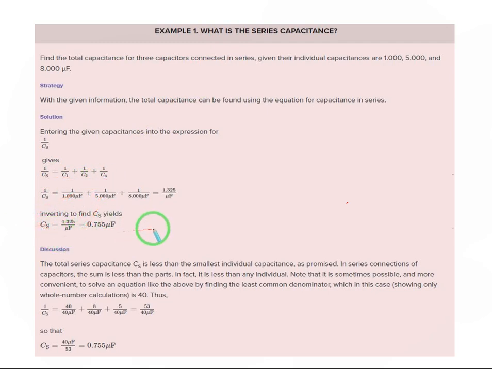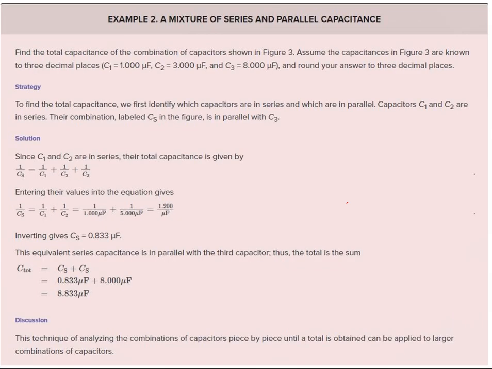Just add it, use the formula and you will have your required answer. And coming to another, find the total capacitance of a combination of capacitors. Assume the capacitances are known to 3 decimals, C1 is equal to C2 and C3, and round your answer to this value.